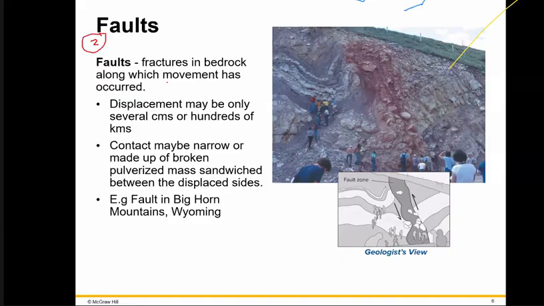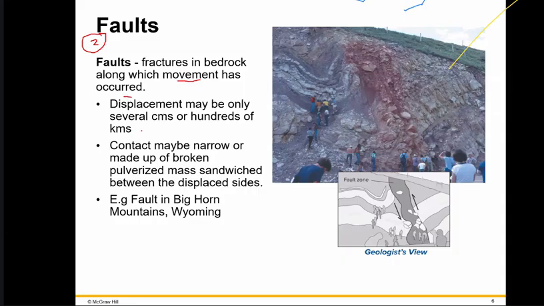And faults are basically discontinuities in rocks along which there's been some relative movement of the blocks. Relative movement of the blocks. That is a fault. So that displacement could be several centimeters to hundreds of kilometers.